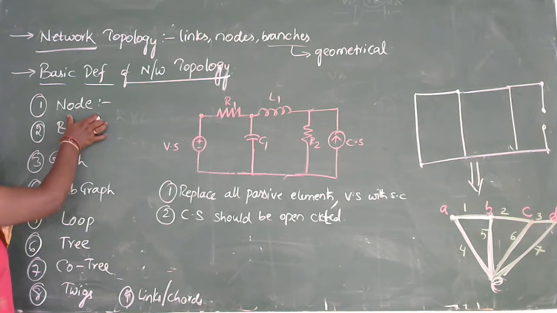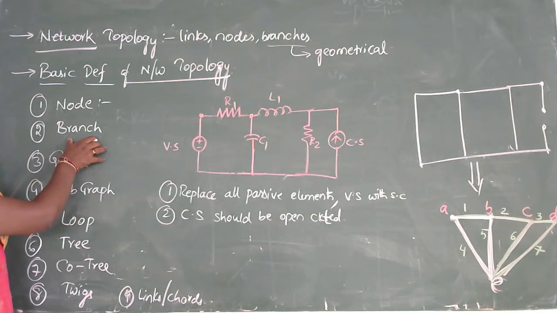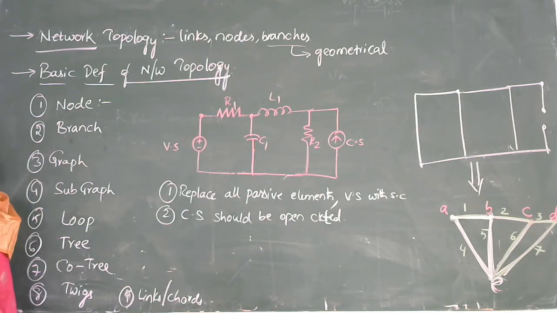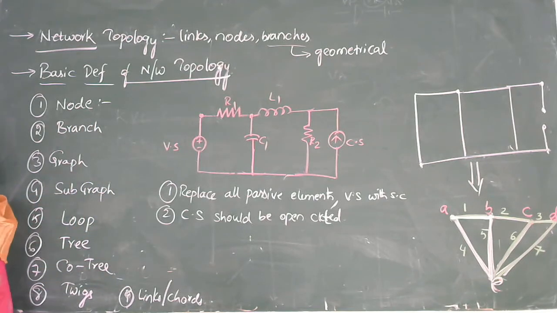A node is the intersection point of two or more elements in a graph. The line segment joining two nodes is called a branch. If a network consists of nodes as well as branches, then it is called a graph. A part of a graph is called a subgraph.